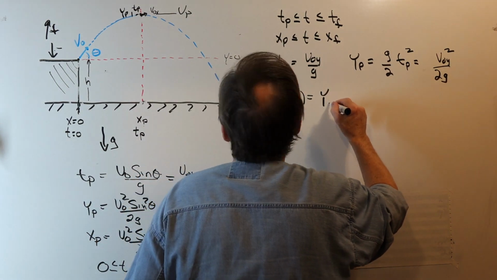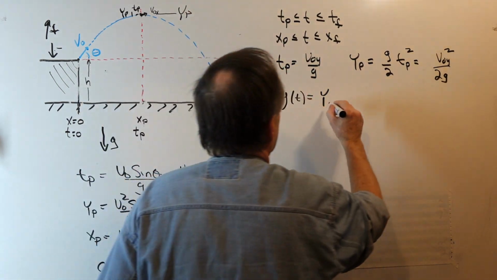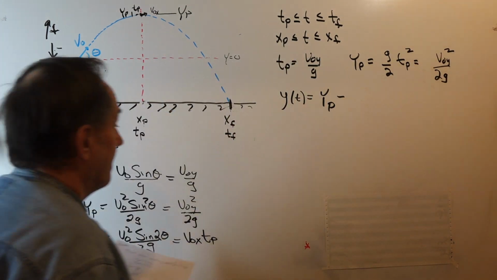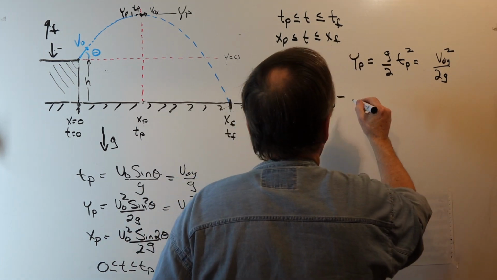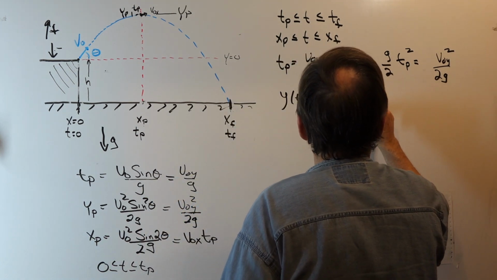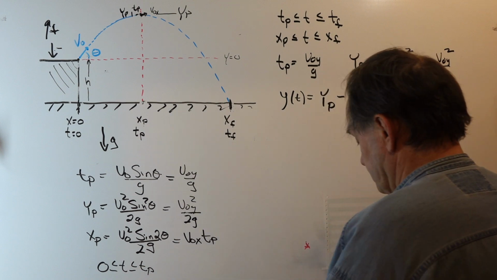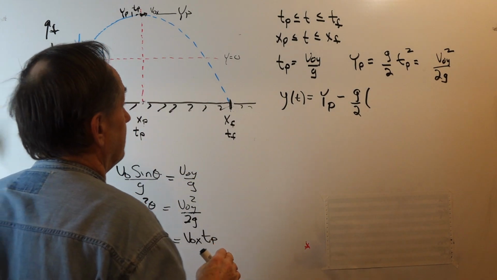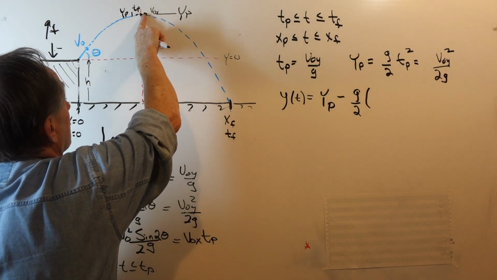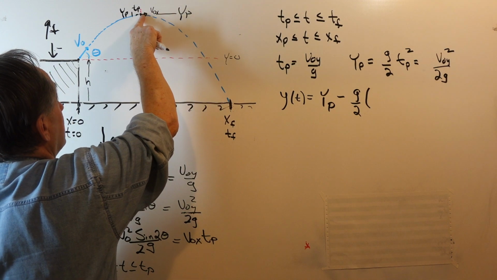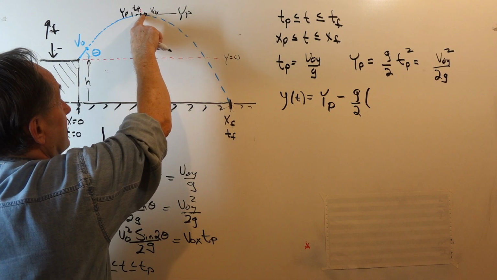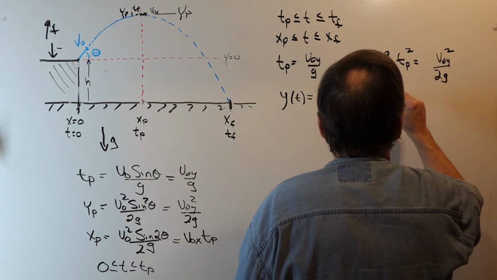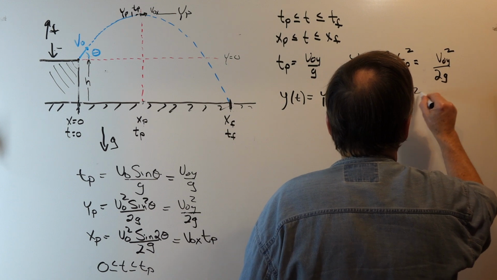So we're at y peak, and we're decreasing by the amount of acceleration, g over 2 times the time squared. Well, the time is the time that we have minus the time at the peak, because we're starting our counter now at the peak. So this now becomes t minus t peak squared.